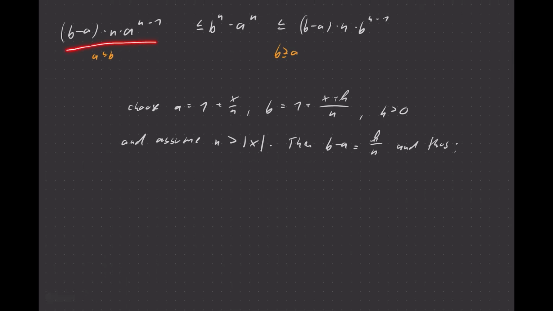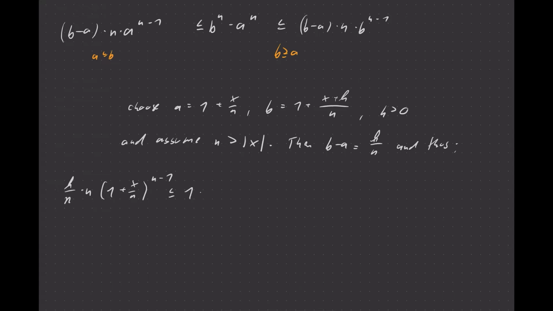So we now take these two inequalities here, and remember b minus a is h over n, so this becomes h over n times n times a to the n minus 1, and a is 1 plus x over n, so this to the power of n minus 1. Now this is less or equal to b to the n minus a to the n.